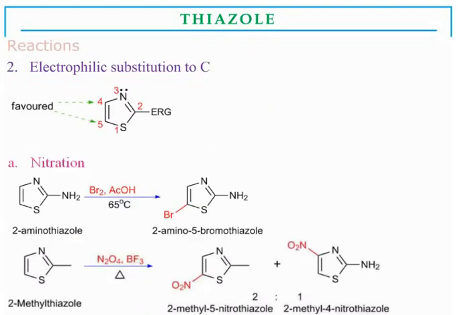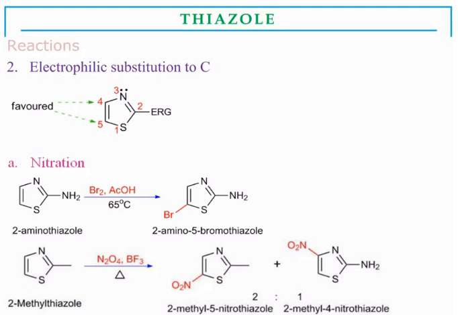Now electrophilic substitution to carbon. The favorable positions are 4 and 5, if an electron donating group is attached at position 2. So nitration, amino 5-bromothiazoles.